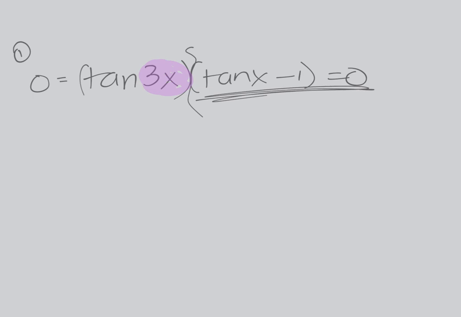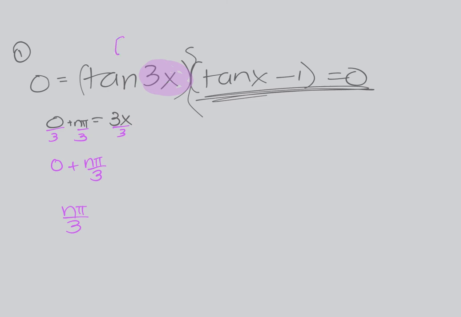So where's tangent 0? 0 plus n pi, right? Then I would divide everything by 3, and I'd still get 0, but I'd get n pi over 3. So if this is multiple choice, it's actually just going to say n pi over 3 instead of 0 plus n pi over 3.